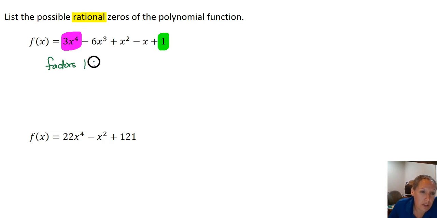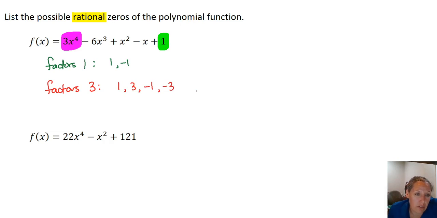The only numbers that multiply and give us 1 are 1 times 1, or negative 1 times negative 1. And for our leading coefficient, factors of the 3, we could do 1 times 3, or negative 1 times negative 3.